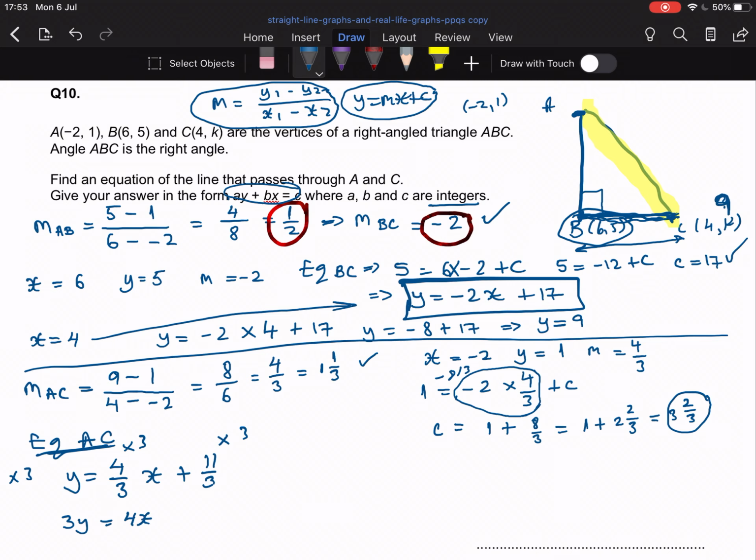And then 11 over 3 times 3 is 11. So now I'm nearly there. All I have to do is take this 4x across, and I'm going to have to take away 4x from both sides. So this is going to give me the final answer, which is 3y minus 4x equals 11.